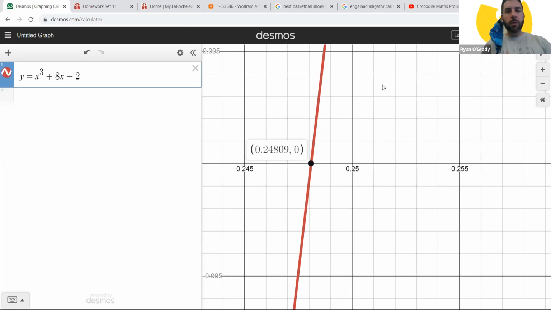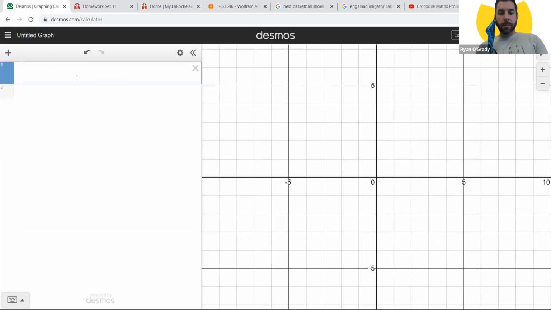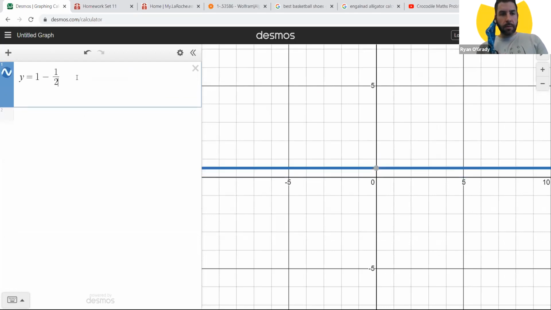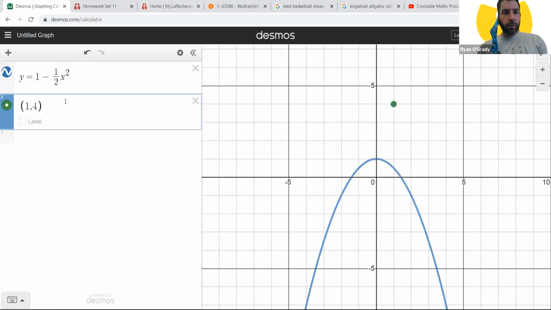Anyhow, let's look at the problem. We can go back and see that it does seem to be reasonable. Our original parabola was this, and we wanted to know which point was closest to the point (1, 4).